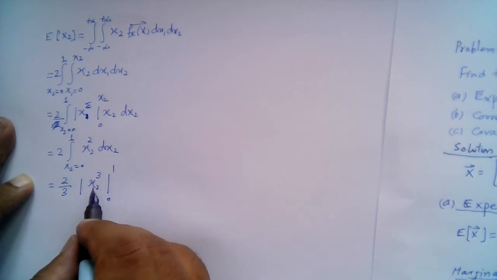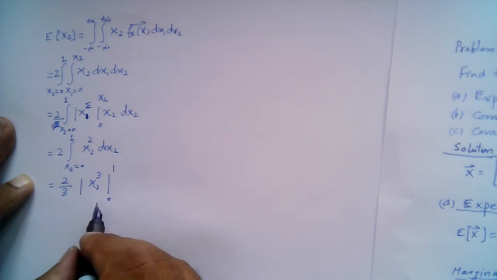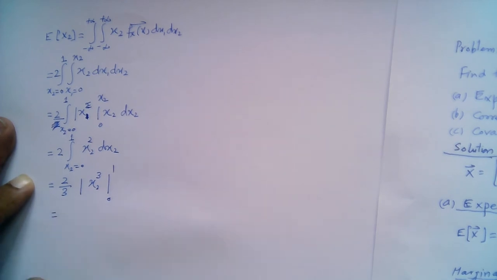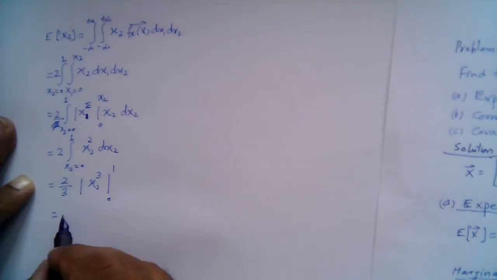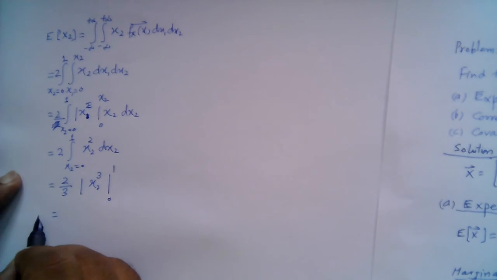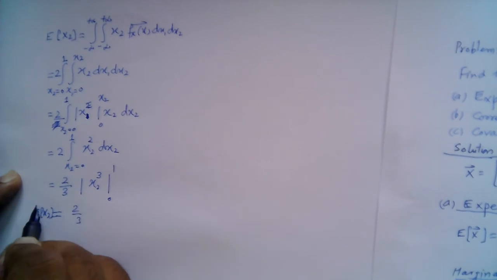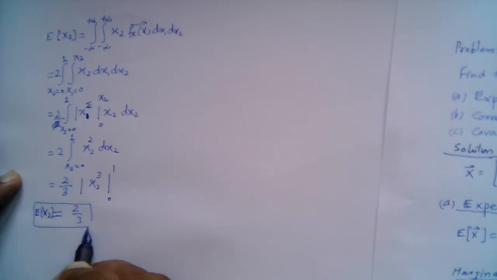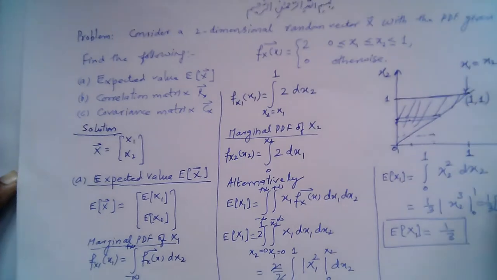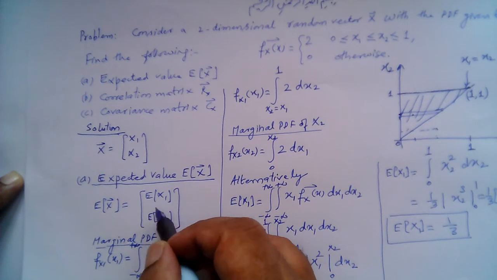When we put in the limit, this will be simply 1, right? So this will be 2 over 3 minus 0, right? So the expected value of x2 is simply equal to 2 over 3, right? So we have determined the expected value of the random vector now.